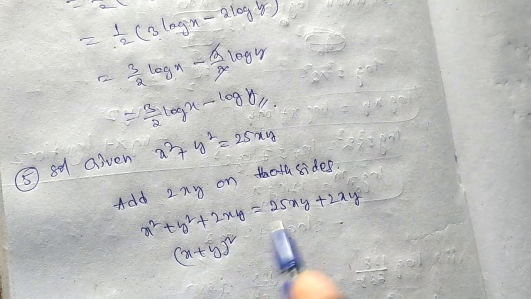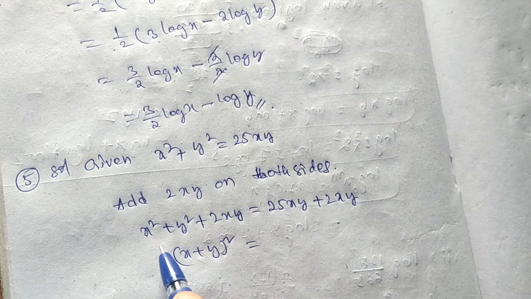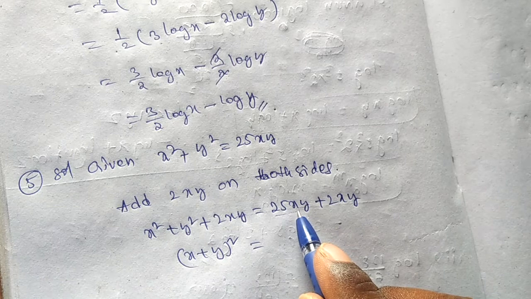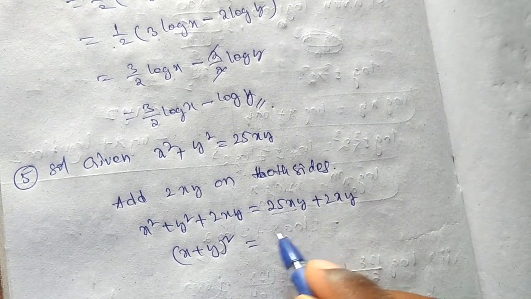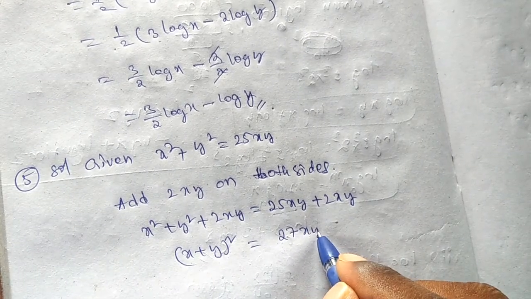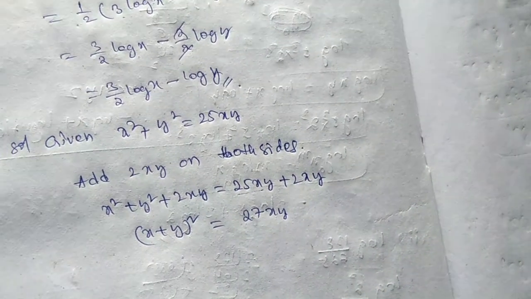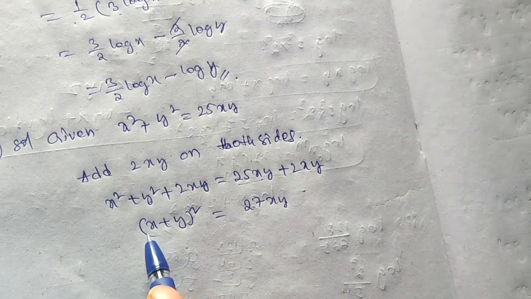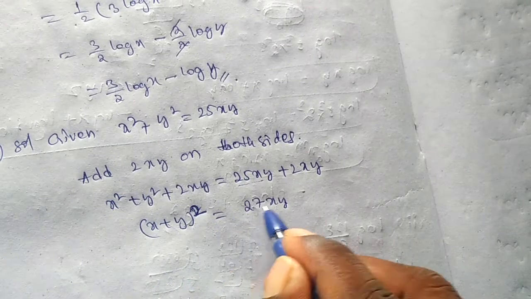Are you understood? This is the a plus b whole square form I applied here. Here 25xy, we add 2 more xy, so totally 27xy. Now x plus y whole square is equal to 27xy.